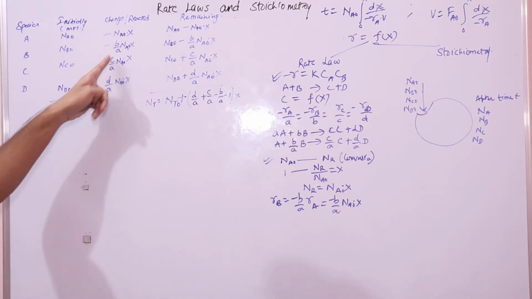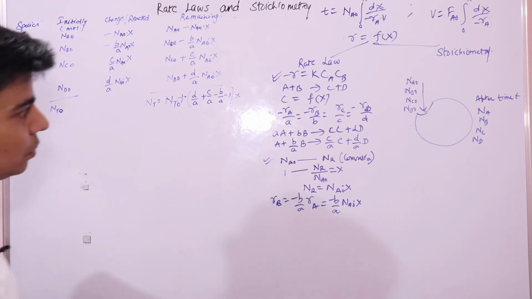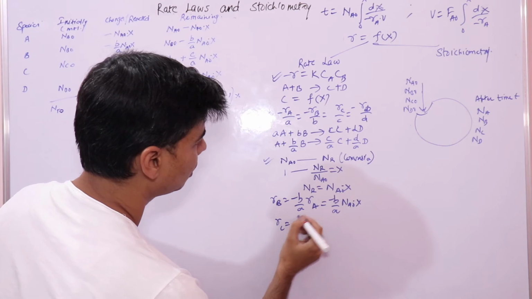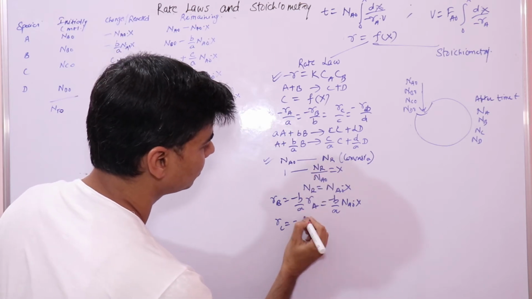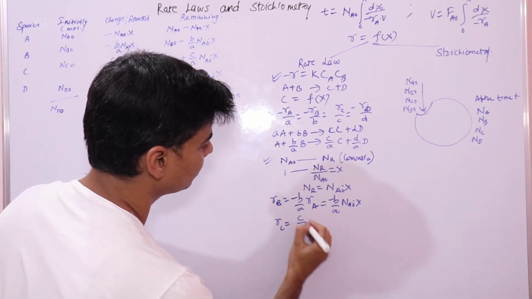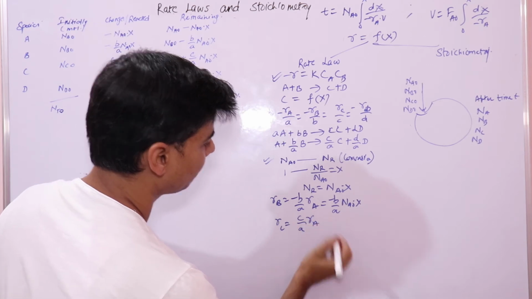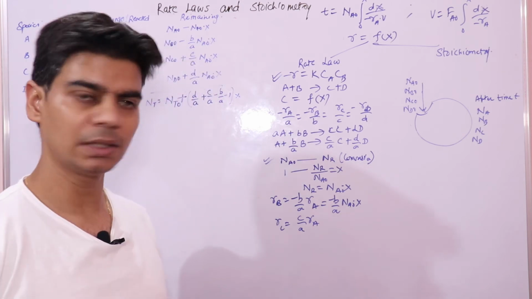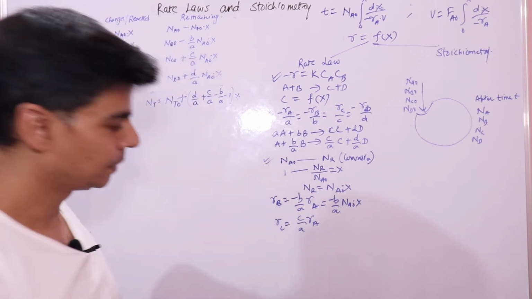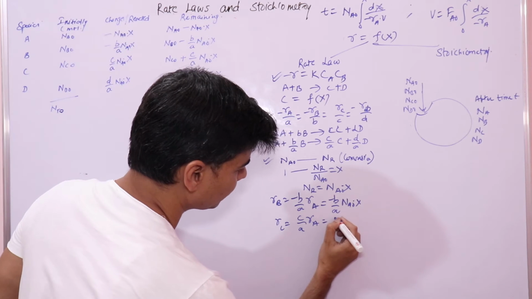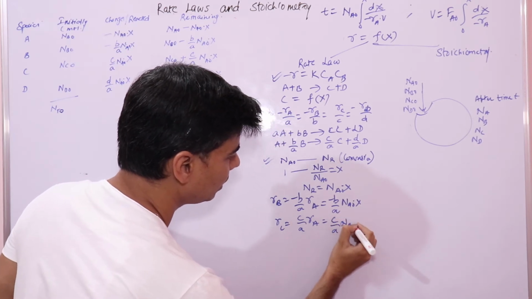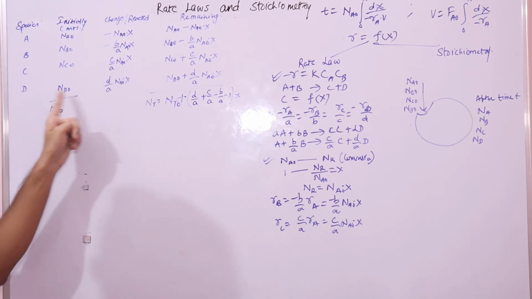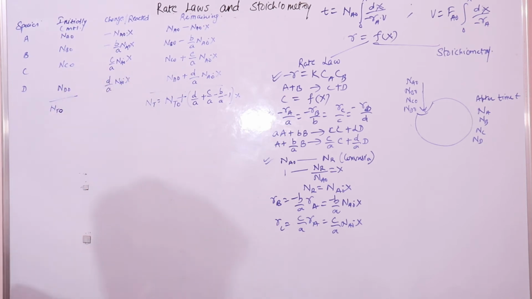This is what we have taken. Similarly for C, it would be Rc, how much it has reacted, plus C upon A, Ra. Relation between this and this, because we are defining everything in terms of this limiting reactant A. This would be C upon A, Na0 dot x. Similarly for D, D upon A, Na0 x.